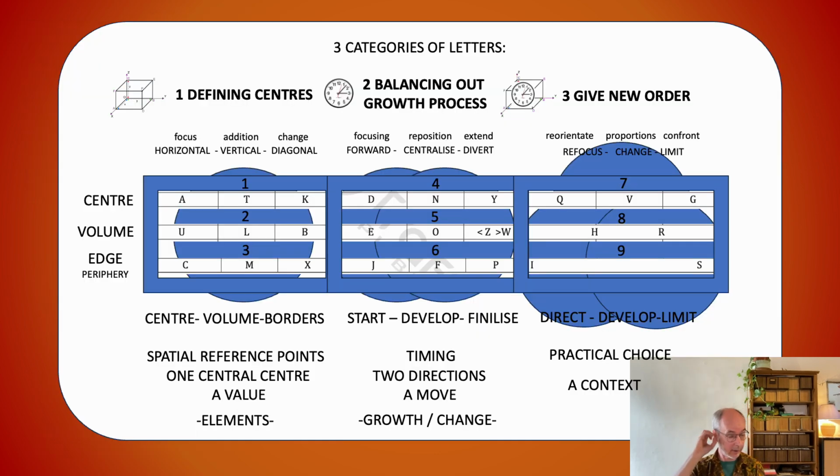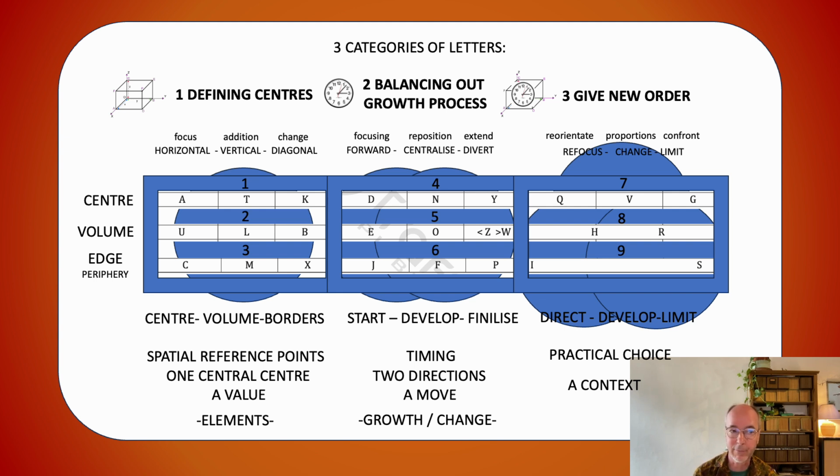So here are the 3 different levels again of complexity of the letters. These letters are having a numerical order, and the first level of difficulty are letters that are referring to central positions.